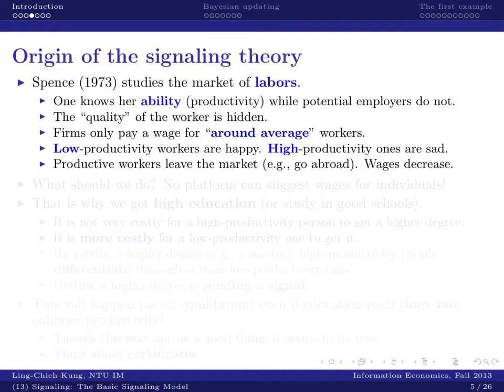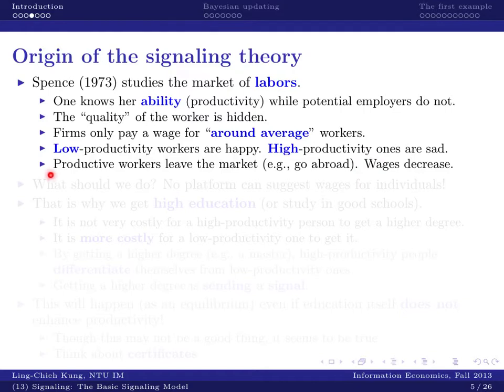I don't want that to happen, so I would offer a high wage. But if I cannot see your type, if I cannot see your productivity, I will only pay a round average pay. Eventually, low productivity workers will be happy, but high productivity workers will be sad.